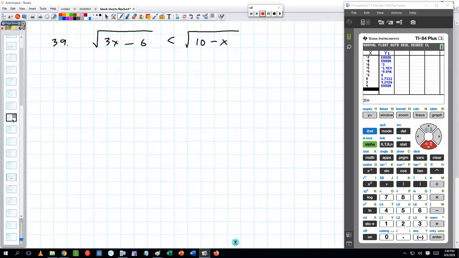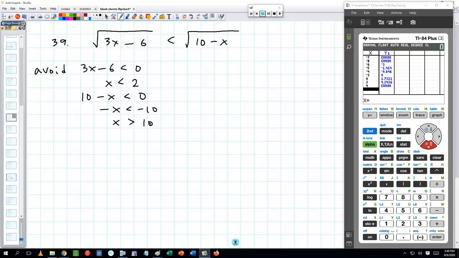Number 39, we'll avoid 3x minus 6 is less than 0. Add the 6, divide the 3. And we will also avoid 10 minus x is less than 0. Subtract the 10, sign change, divide by negative 1, flip the direction of the inequality.